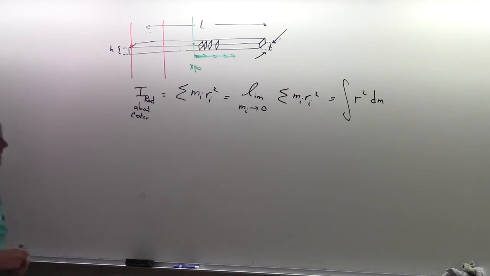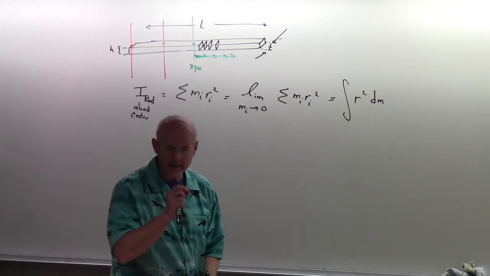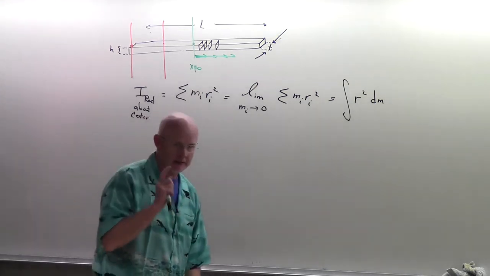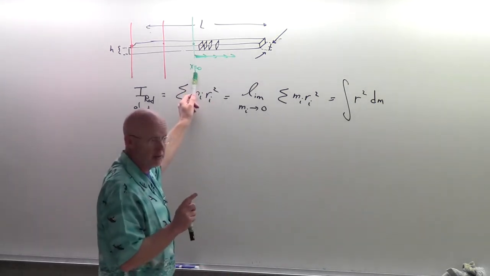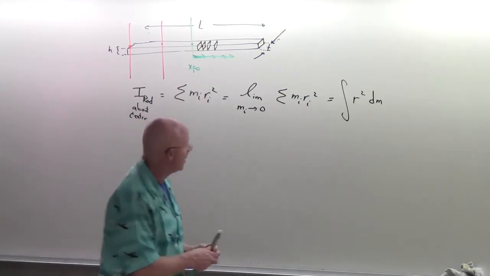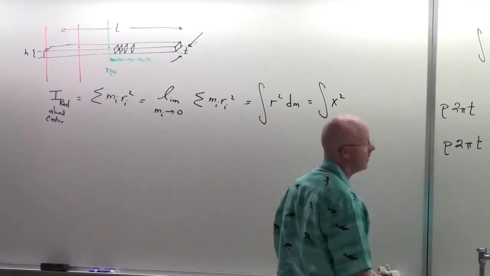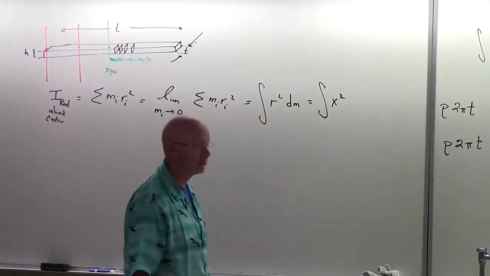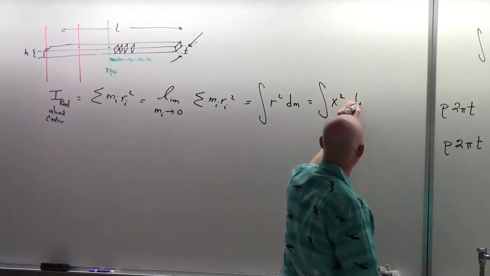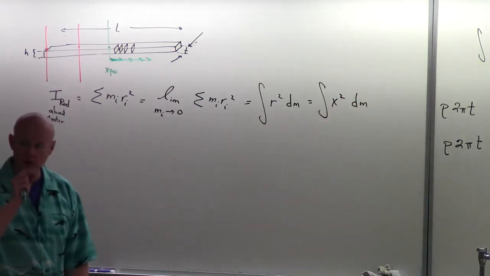Now I'll go back. What does this radius mean again? Distance. Distance of what? Distance from the rotational point to that little chunk of mass. And so this would become an x squared. And then dm is the mass of that little chunk.